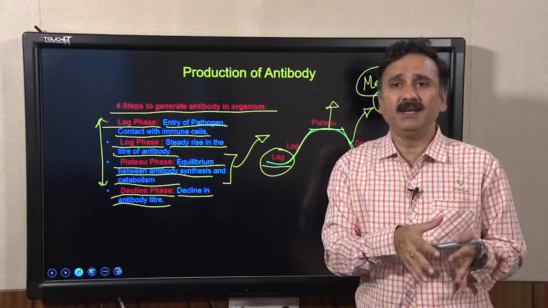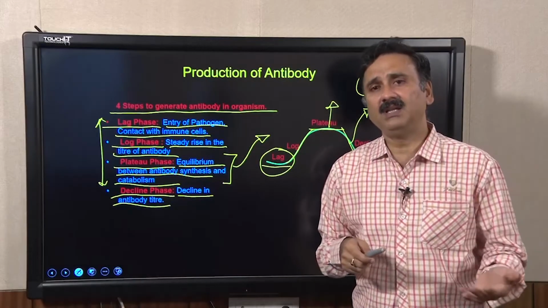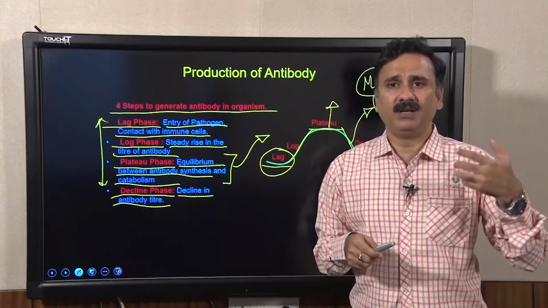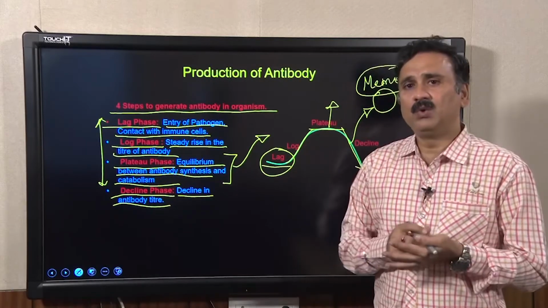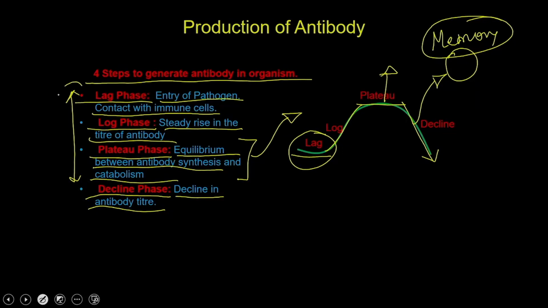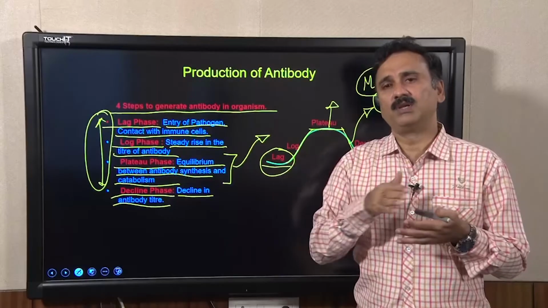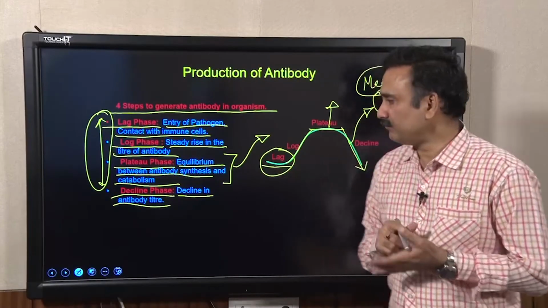That is the reason that when you are vaccinating the children or even the adults, you are actually doing nothing but reducing the preparative stage, so that as soon as the organism comes, the body will start producing the antibodies, and then these antibodies are going to start sequestering the antigen to a localized area and start acting on them, so that the immune system is going to eliminate them.